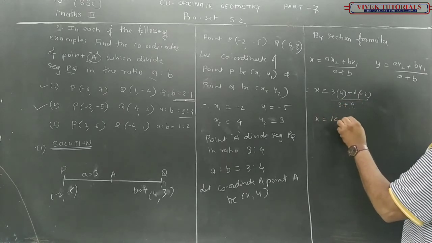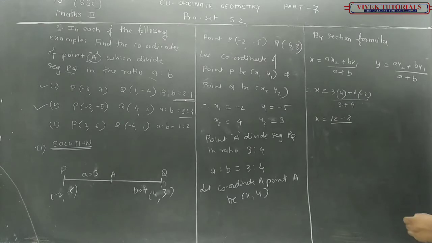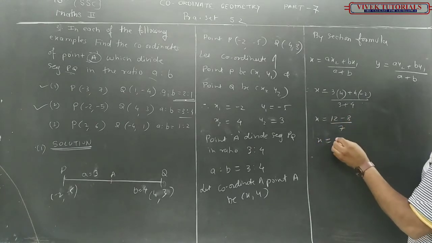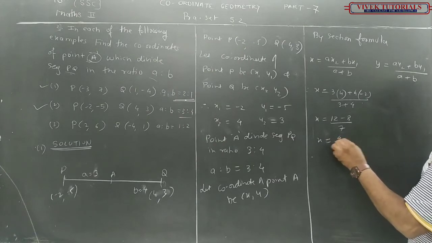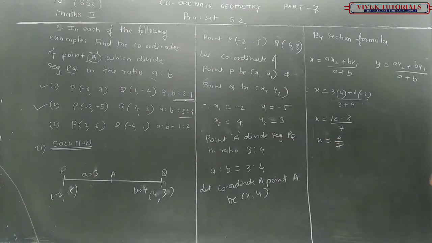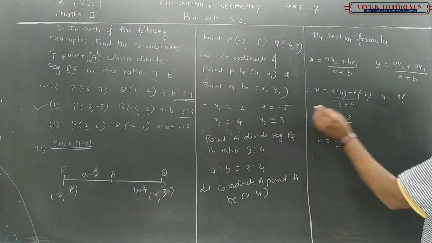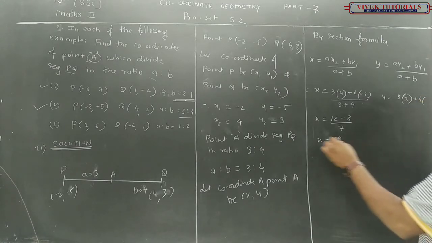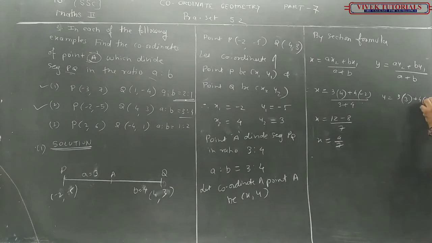So x is equal to 12 minus 8 upon 7, which is 4 upon 7, and y is equal to a is 3 into y2 is 3 plus b is 4 into y1 is minus 5 upon 3 plus 4.